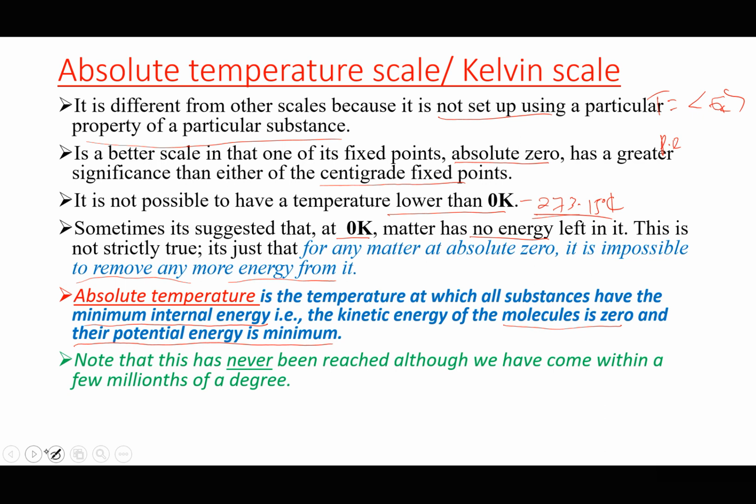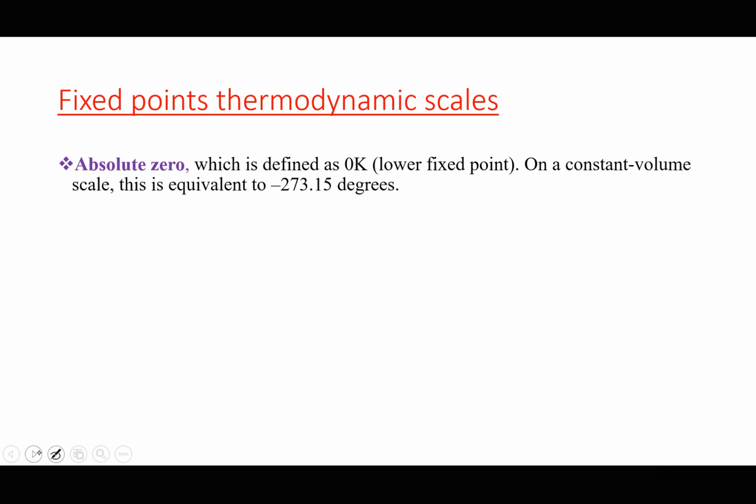Now, how about the thermodynamic scale? Already we have established one fixed point, which is 0 Kelvin, the absolute zero, and it is not possible for a temperature to be less than 0 Kelvin. On the constant volume gas thermometer, in degrees Celsius, we saw it is negative 273.15.